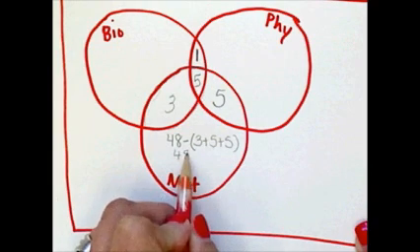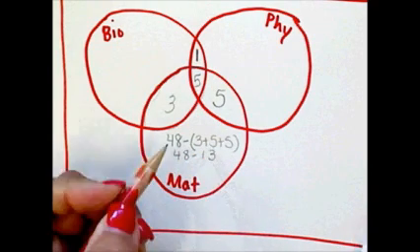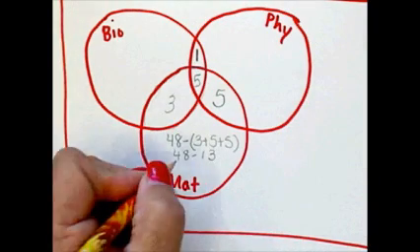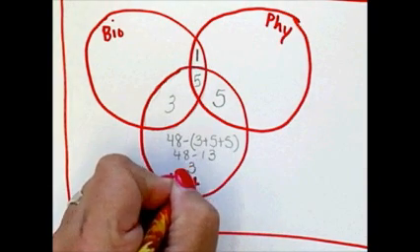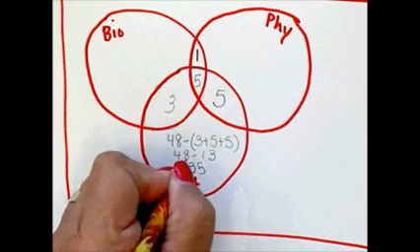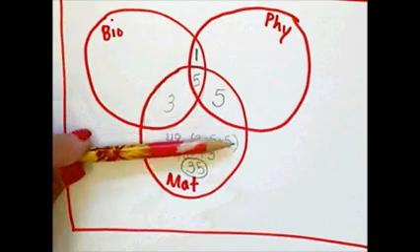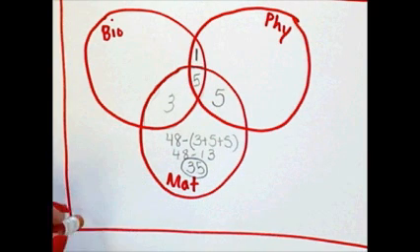So 78 minus 13 gives us 65. So that gives me 65, and I'm going to circle this because that tells me there are 65 students who are just taking math.